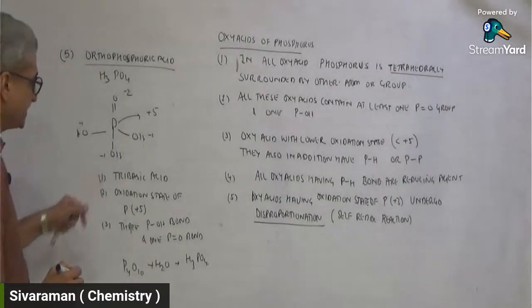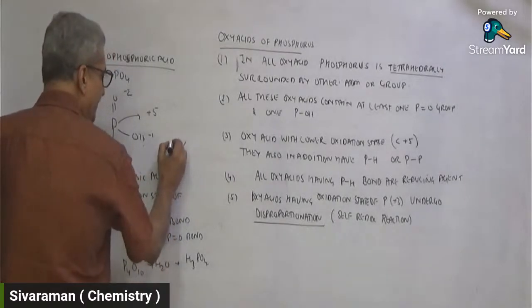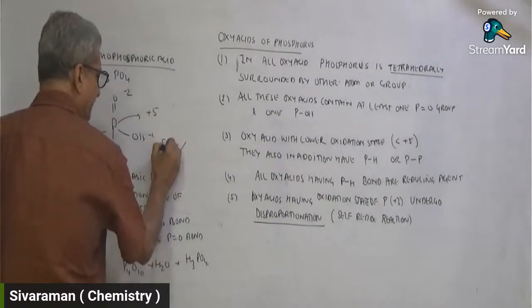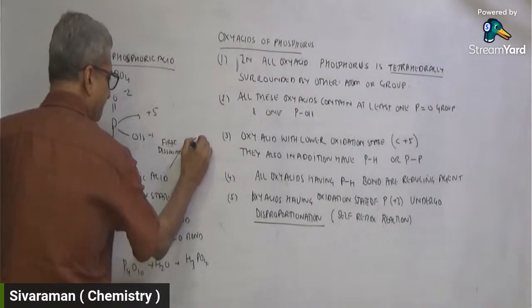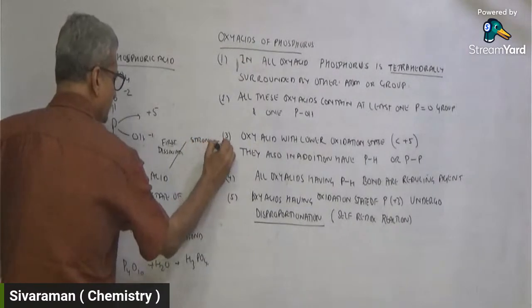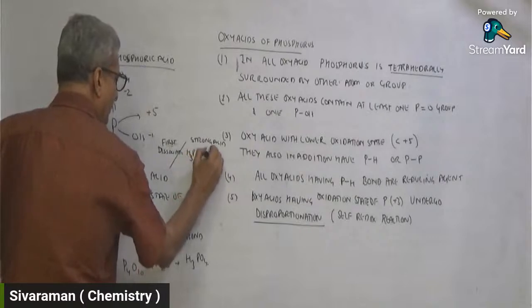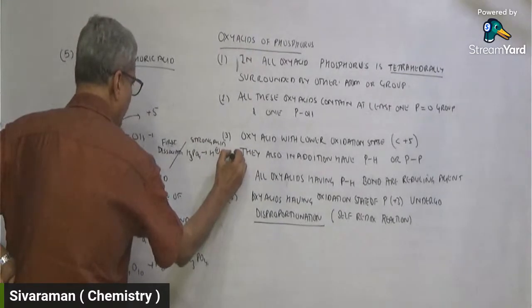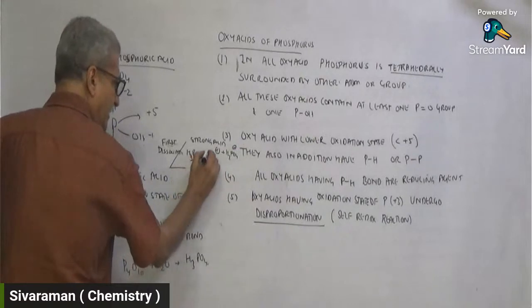Now, here you must remember one thing. I said it's a tribasic acid. The first dissociation behaves as a strong acid. That means H3PO4 forms H+ plus H2PO4 minus. The second one also is strong. Look at the arrow that I put.